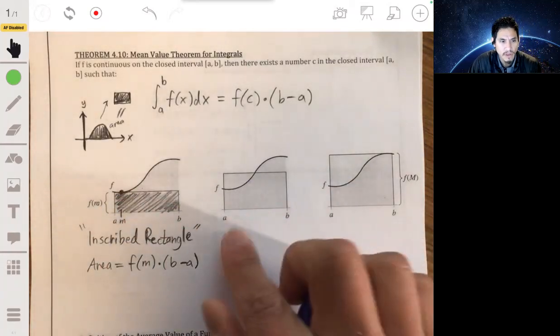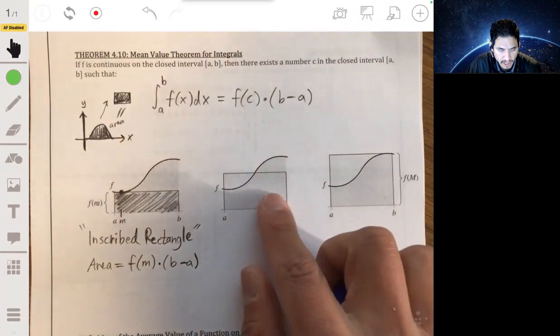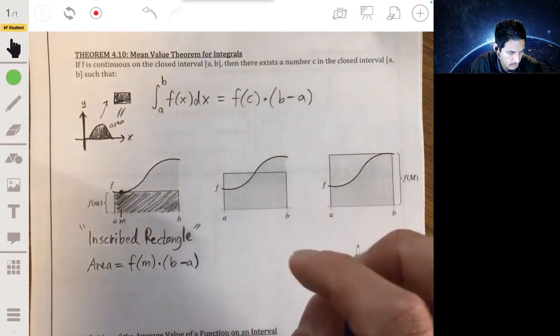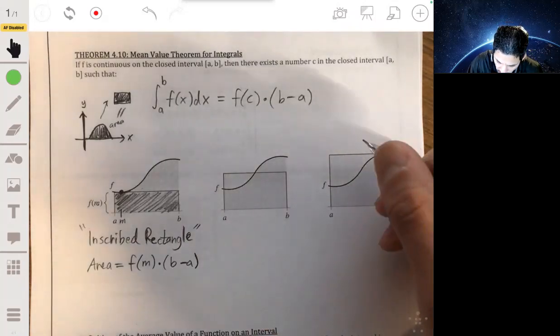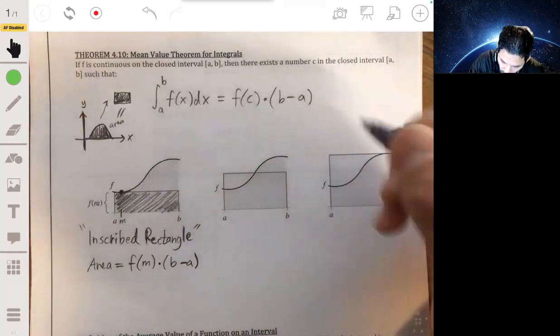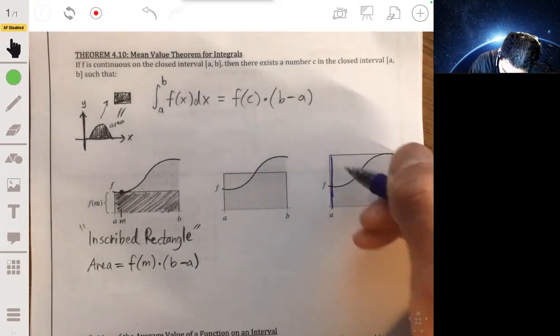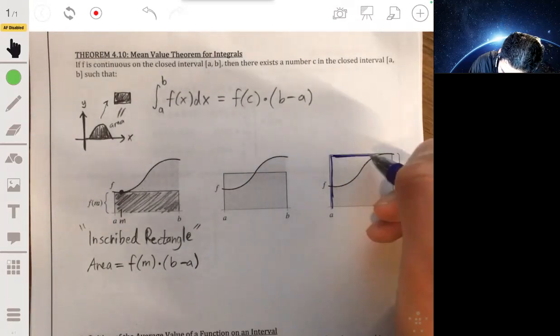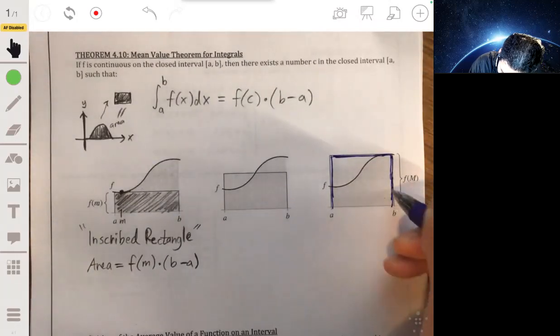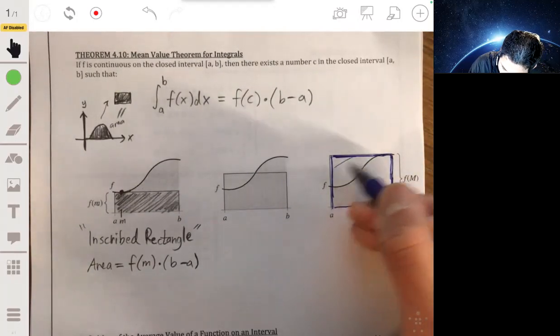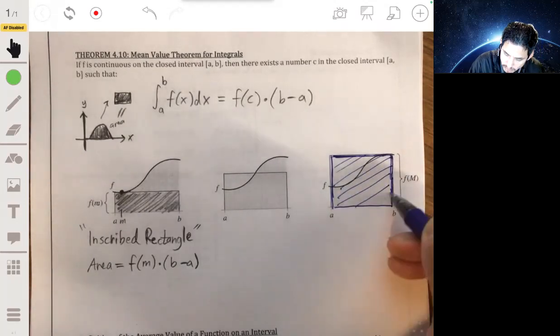Okay, now before we get to this, this is what we call a circumscribed rectangle. This rectangle has an area that's larger than the actual area, as you can tell, this blue area.